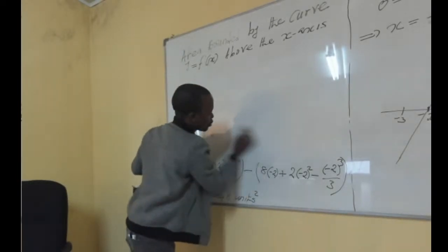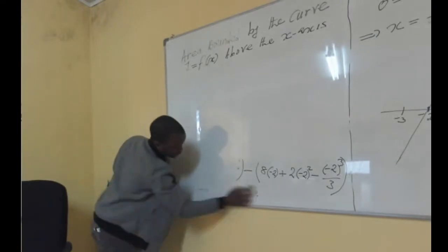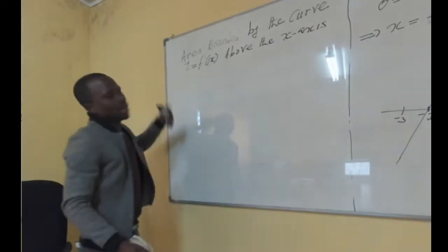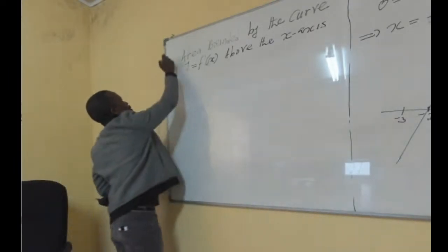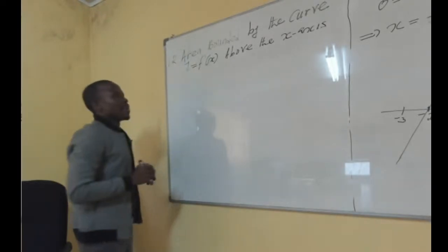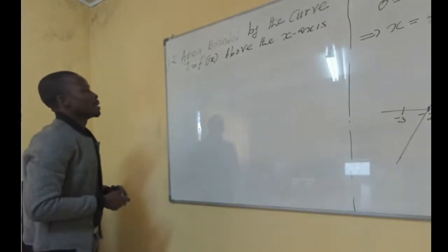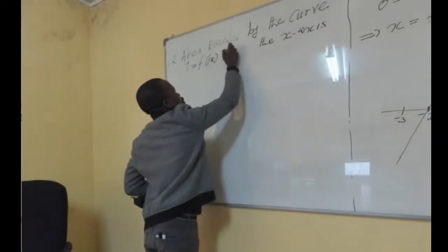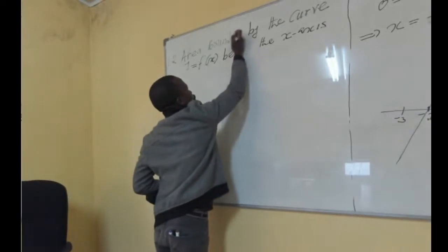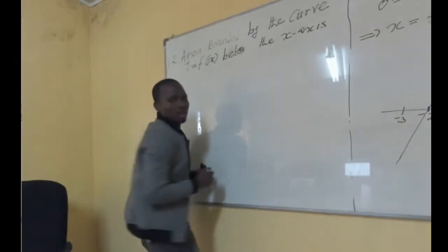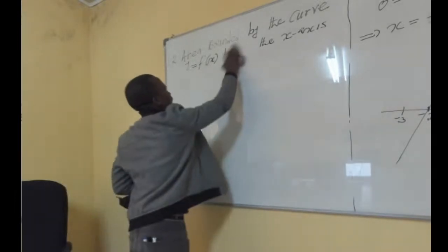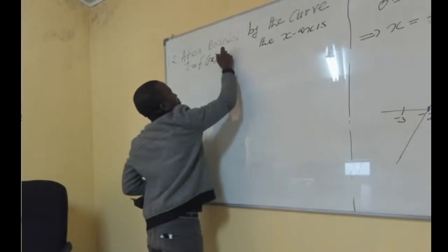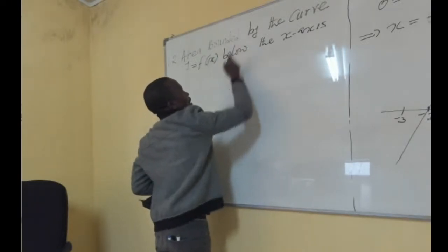Okay, so now let's look at the area bounded by the curve y equal to f of x, but this time around the curve is below the x-axis.